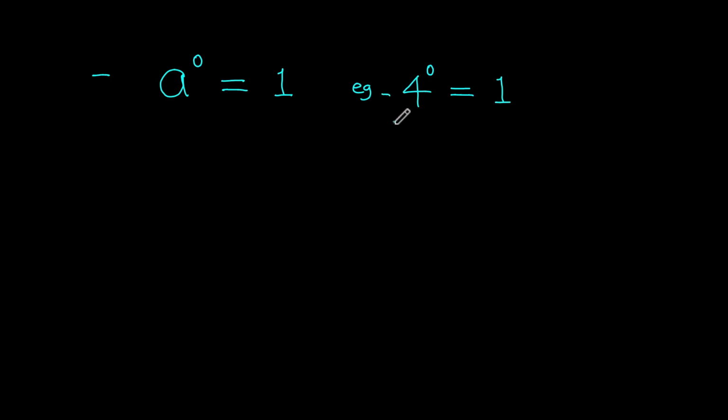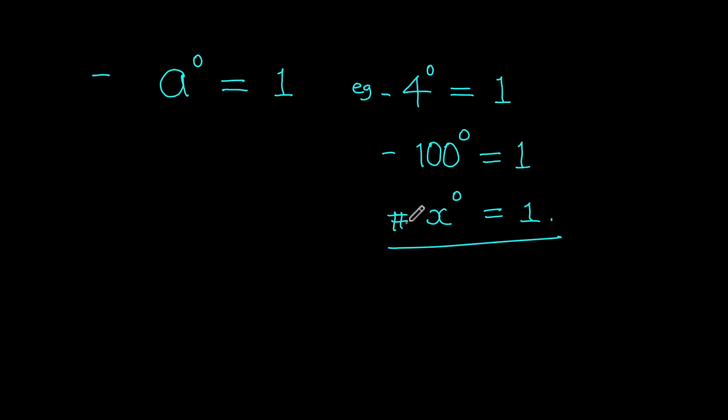Then if we have here, maybe say 100 to the power of 0, this is always equal to 1. Whether we have here x to the power of 0, it is always equal to what? 1. So this is what this rule states, still under the power rule.